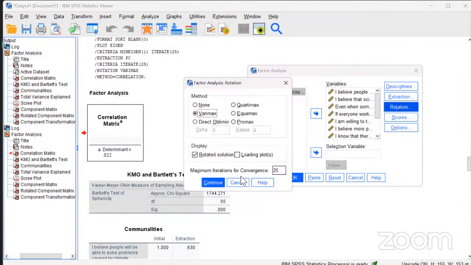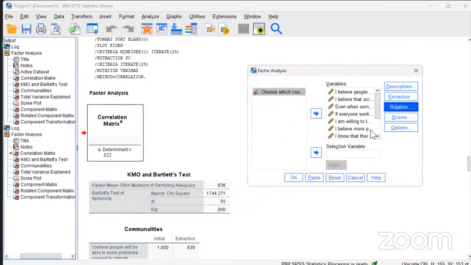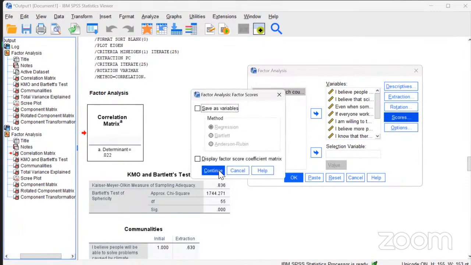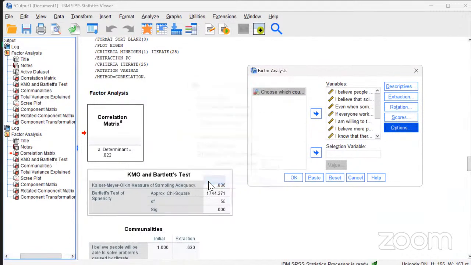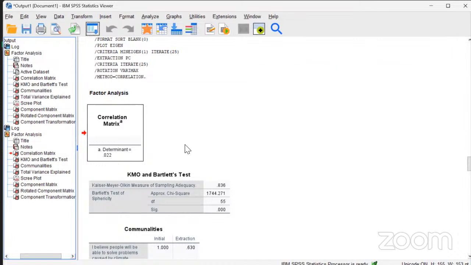Yeah, the correlation matrix you gave. I think in the descriptives. Under correlation there is the coefficient, I think.